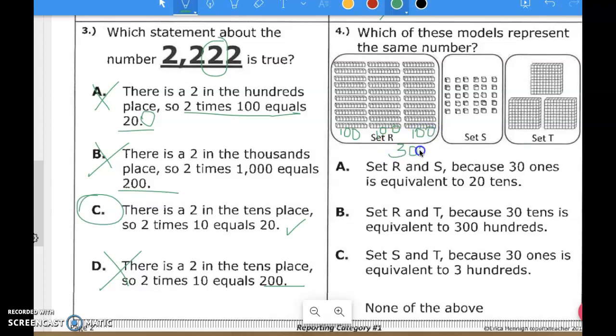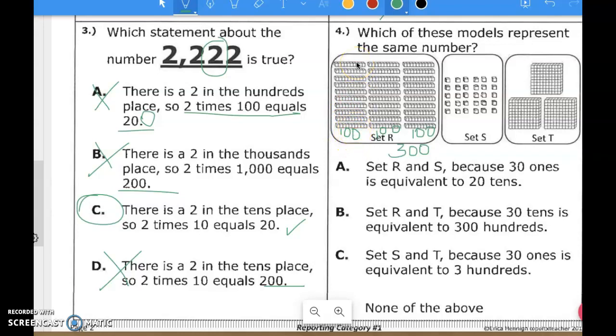Okay, did you see what I did? I'm going to count again. I know these are tens. The bars are tens. 1, 2, 3, 4, 5, 6, 7, 8, 9, 10. 10 tens. So I just add another 0.